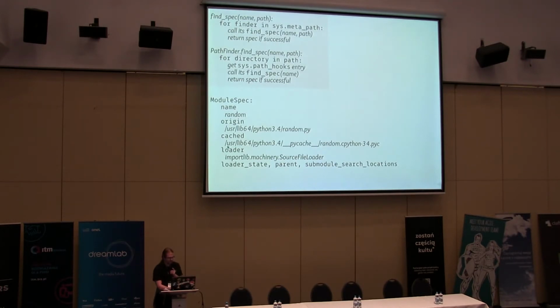It can have a cached attribute, which tells you where bytecode cache is located for speeding things up. It gives you the loader object that you can call to actually load the module. And then it can have some state for the loader, which is not really used too much. It can give you the parent of a submodule, and it can give you where to look for submodules.